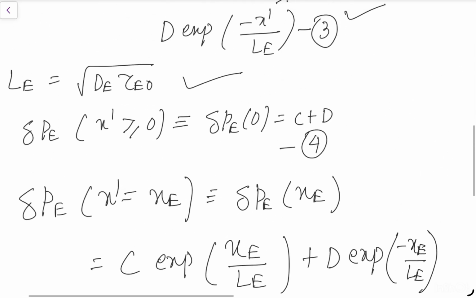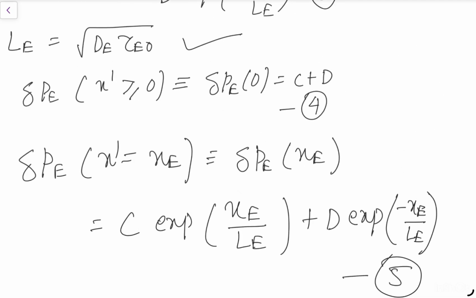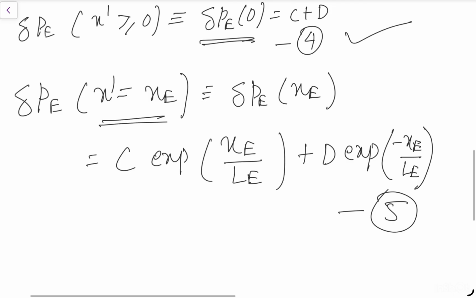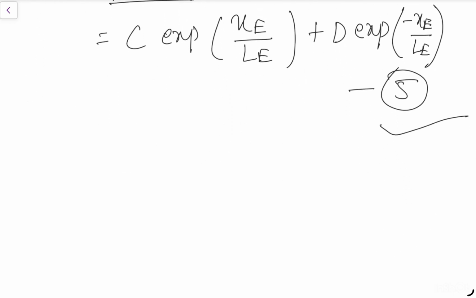Name this equation 5. So two boundary conditions: one at x dash equal to 0, we got this, and another at x dash equal to xe, we got this. So equations 4 and 5 are from the boundary conditions.